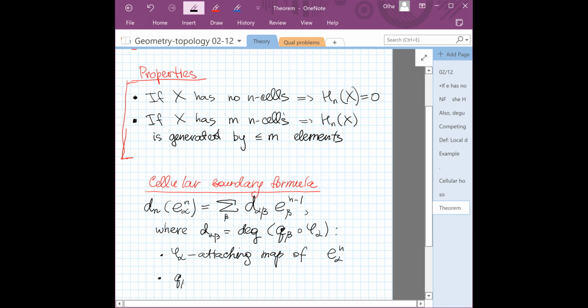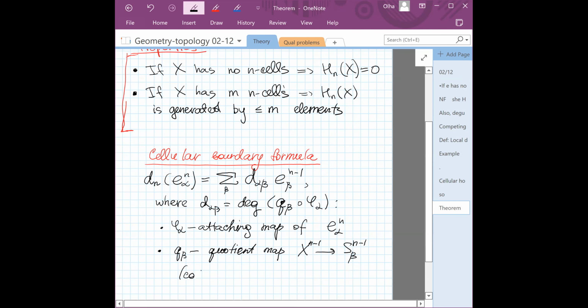And then Q beta is a quotient map from n minus 1 to n minus 1. This map is the map that collapses everything but the cell E beta.